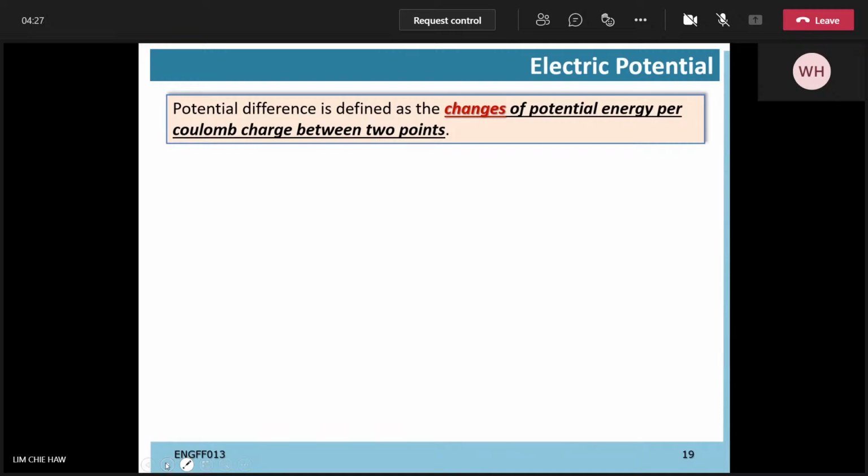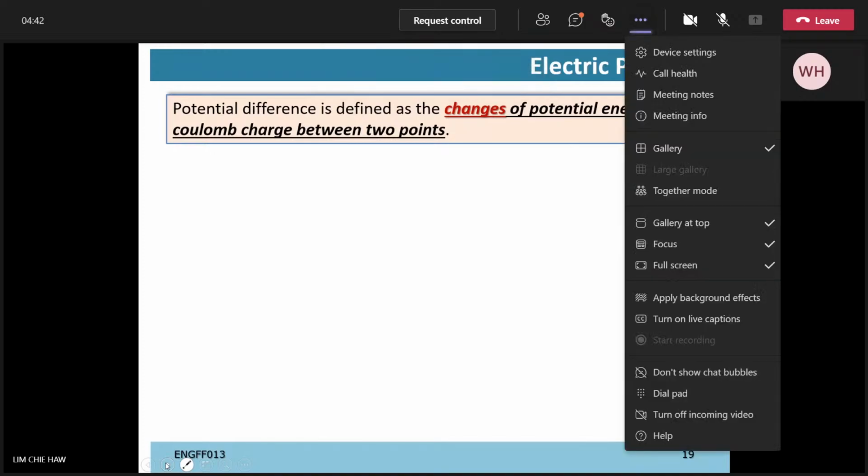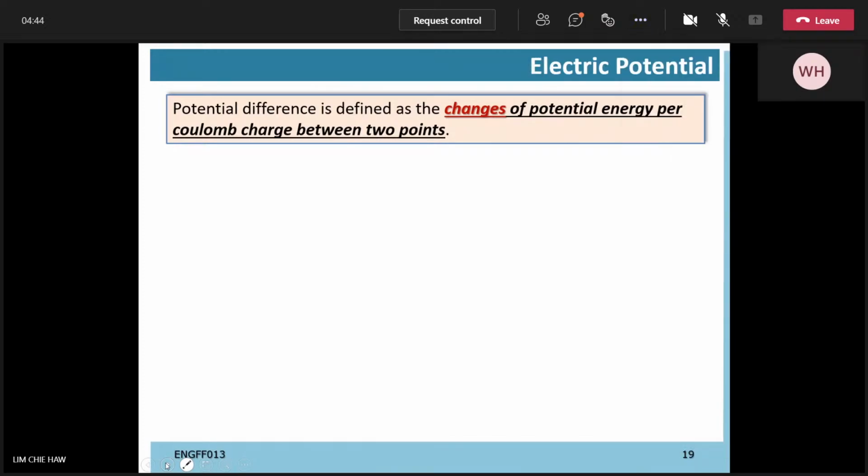So you look at that, potential is related to energy actually. And you learned mechanics before during your high school. I already gave the example of gravitational potential energy and kinetic energy in the previous lesson. If you raise an object to a certain height above the ground, actually you're giving potential energy to the object.